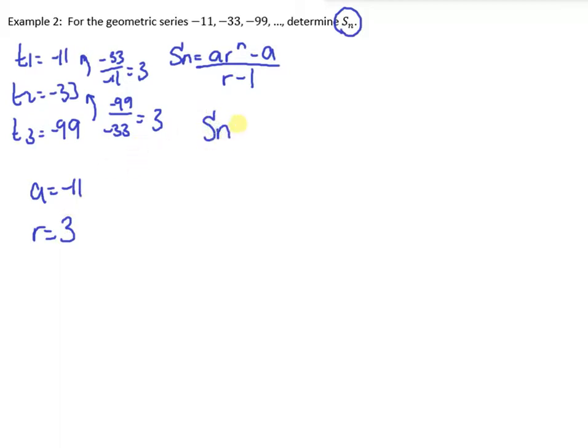So Sn equals A, which is negative 11, times R, which is 3, to the n, minus A, which is negative 11, all over R minus 1, so 3 minus 1.